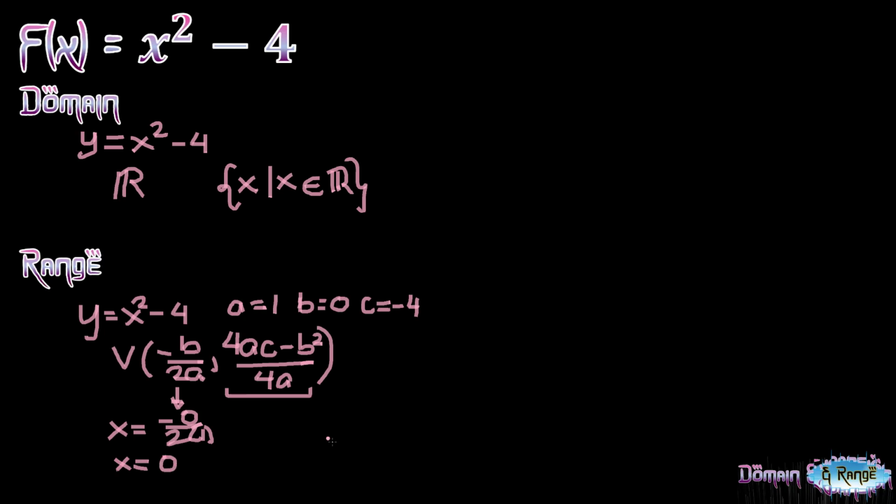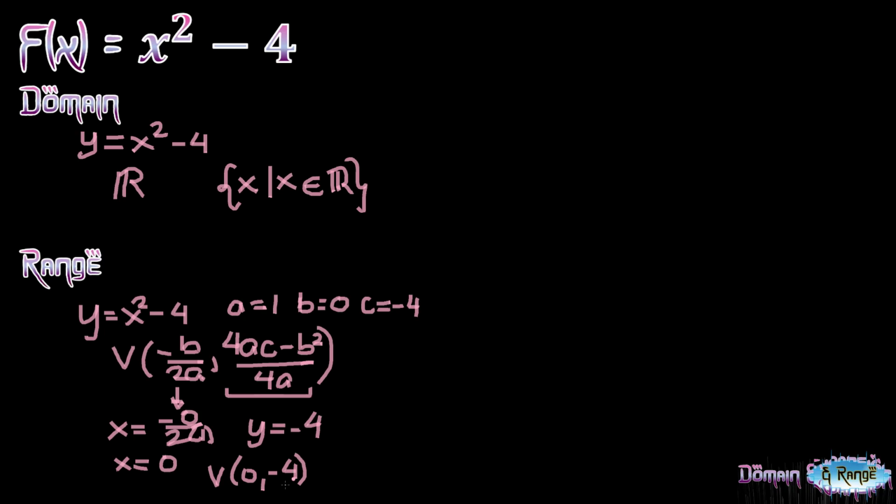This is the x coordinate of your vertex. Now, using this, you don't actually need to memorize the formula. Simply substitute this value of x into our given function or equation. So 0 squared, that's 0. So the value of your y is negative 4. In short, the vertex is at (0, negative 4).